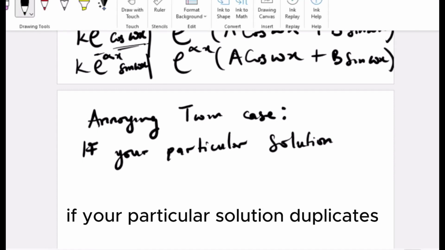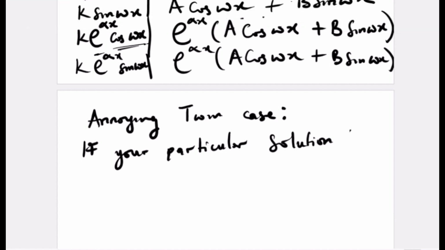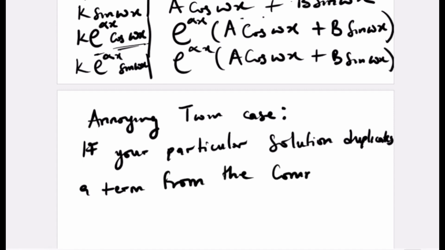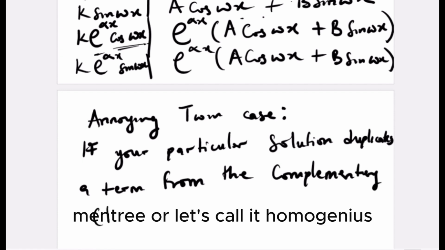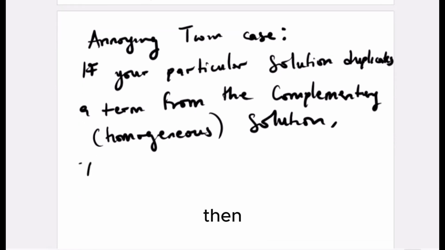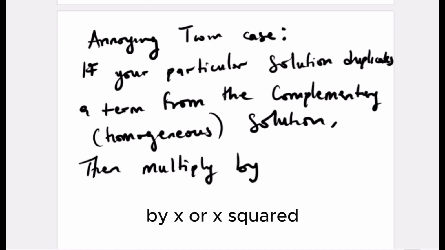If your particular solution duplicates a term from the complementary, or let's call it homogeneous, solution, then multiply by x or x squared.